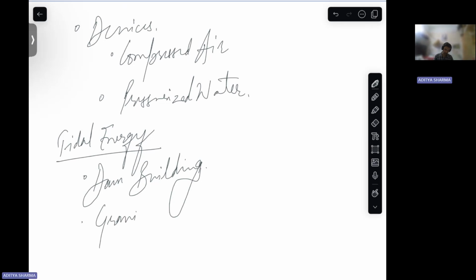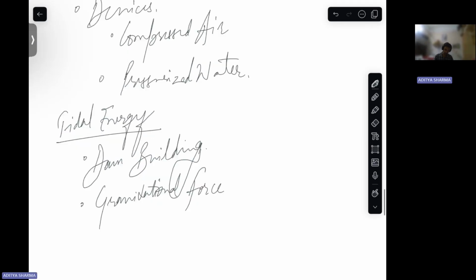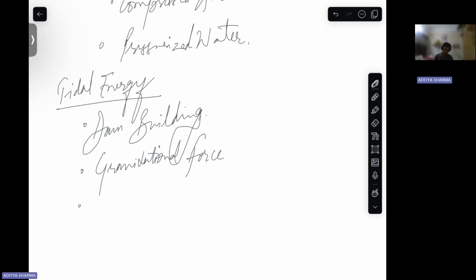This basically is gravitational force. Then lunar cycle.